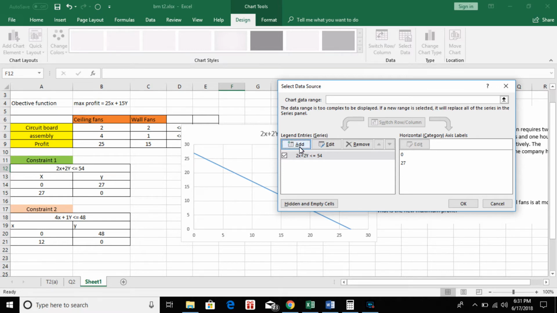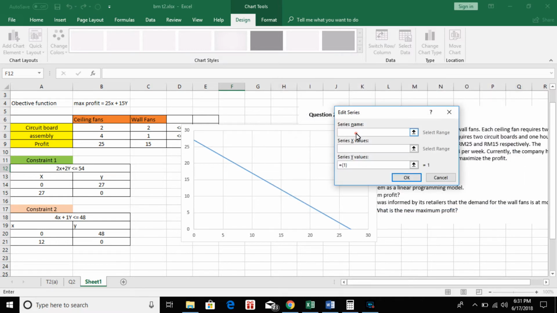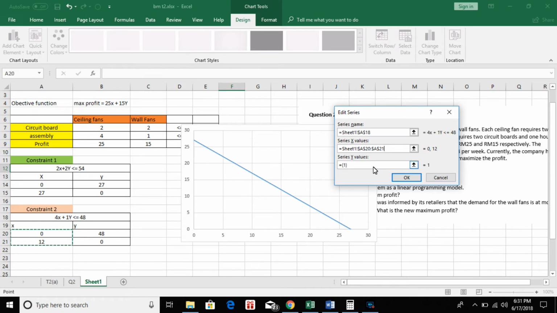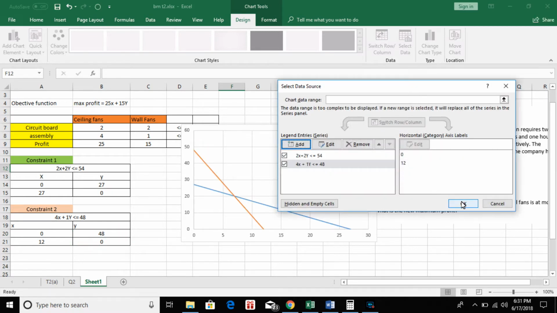Just click on add. So the name for the second series is constraint 2, put the x value which is 0 and 12, and the y value. Yeah, click on OK.